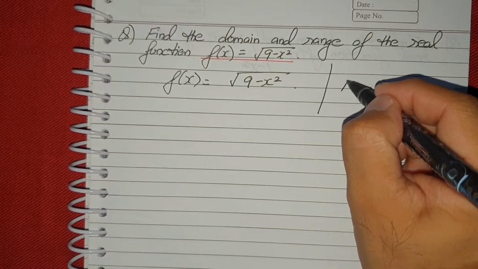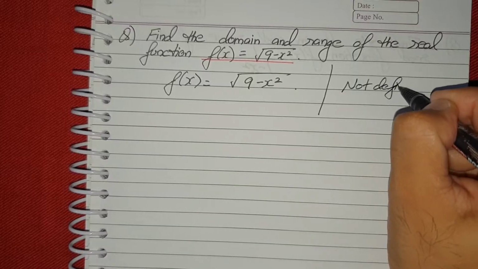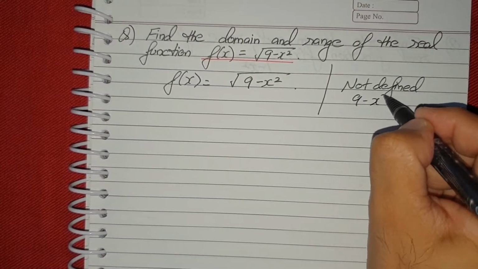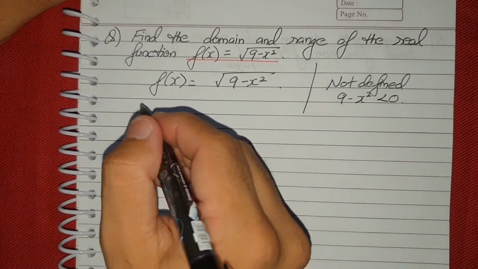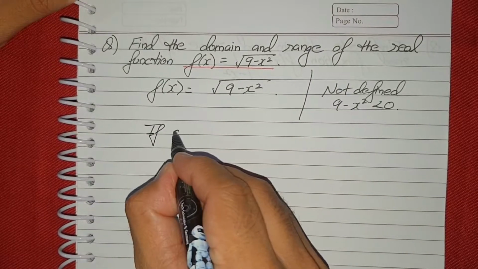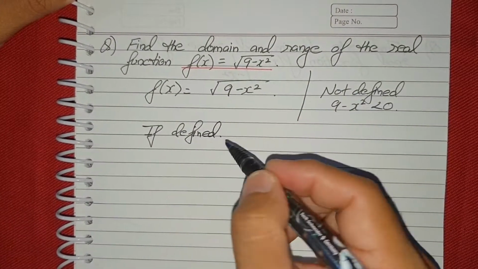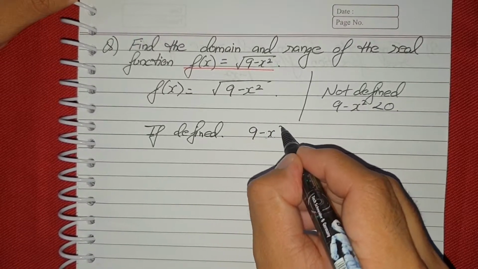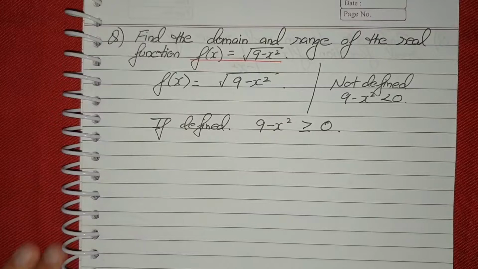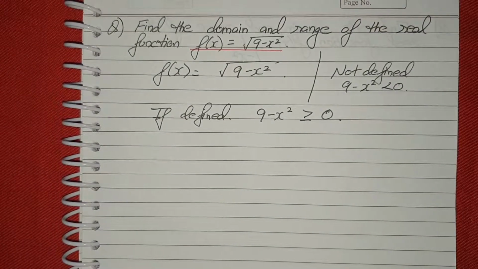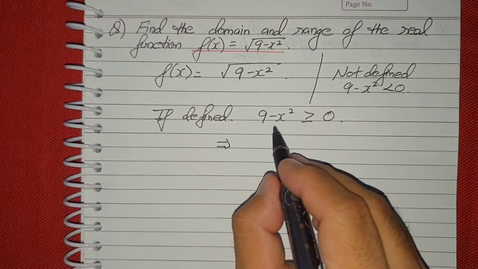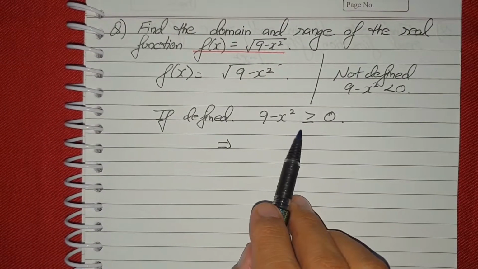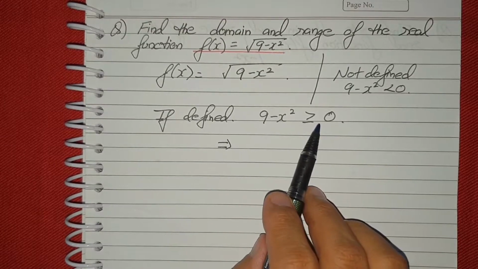So it is not defined when 9 minus x square is less than 0. So we take it defined only when 9 minus x square is greater than or equal to 0. Now you know that in case of inequality, when we change the sign, the inequality will also change.